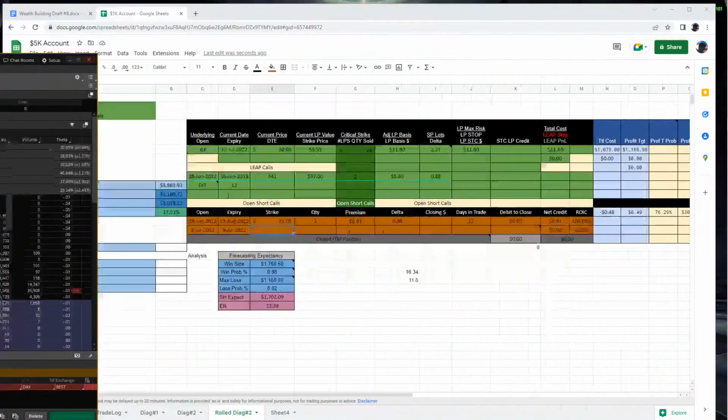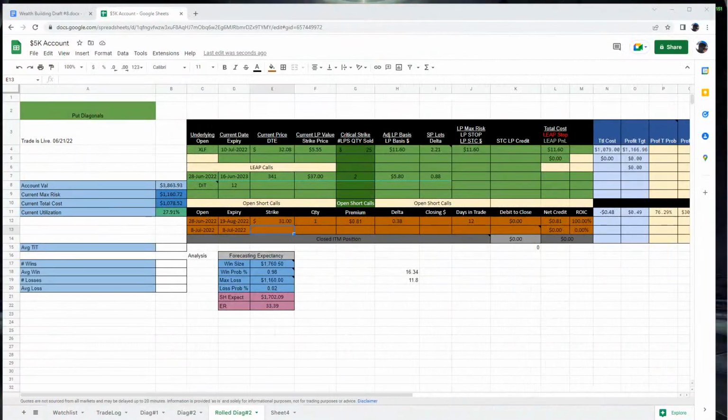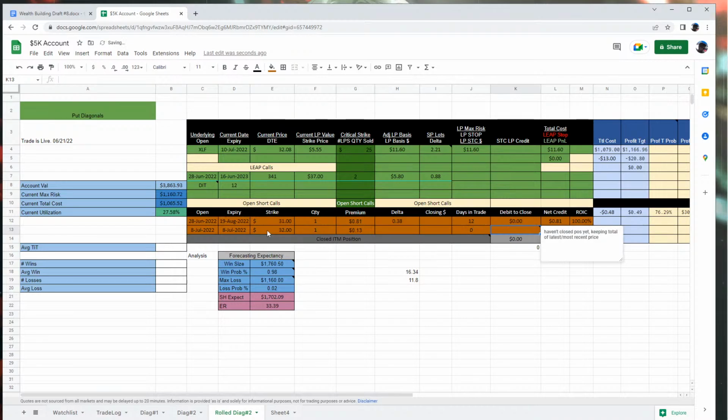So, what I did on Friday was I sold to open a short put on my guy. See, I didn't get the delta. That's a pretty big mistake. 0 days in trade, debit to close.